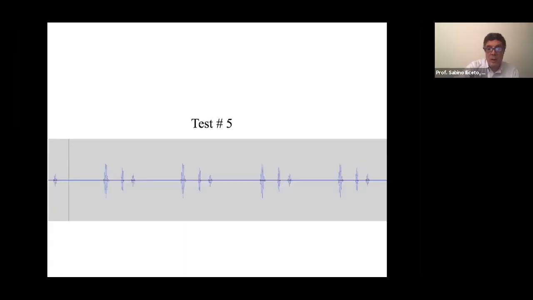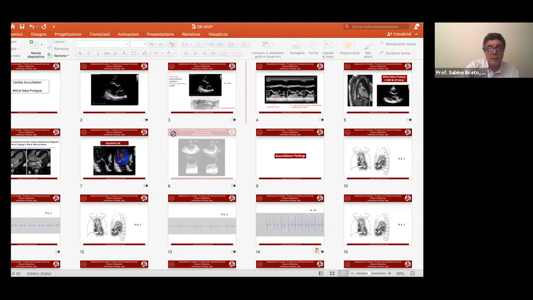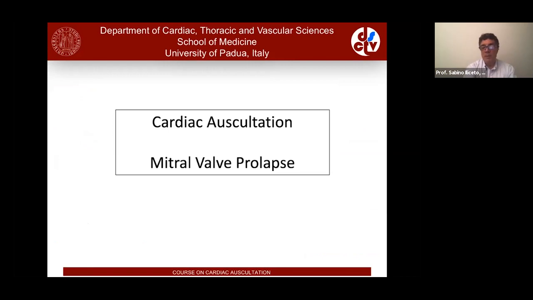Okay, please, Professor. So I made a short modification that will facilitate this diagnostic differentiation. Okay, so let's start with the mitral valve prolapse. This is a very interesting chapter of cardiology, and I pay a lot of attention to mitral valve prolapse for different reasons.